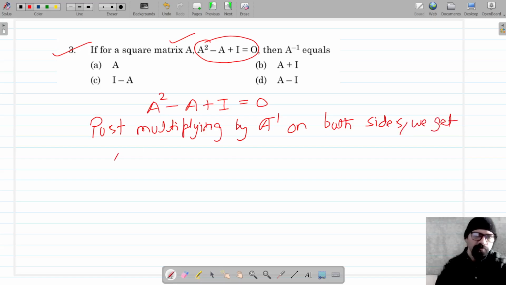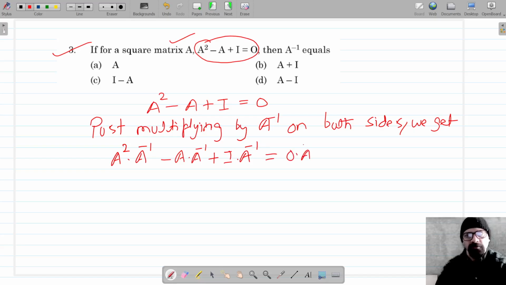Post multiplying means we have to put A inverse after the terms. So A squared into A inverse minus A into A inverse plus I into A inverse is equal to null matrix into A inverse. Now, A square I can write as A into A. So this is A into A into A inverse minus A into A inverse plus identity matrix into A inverse.